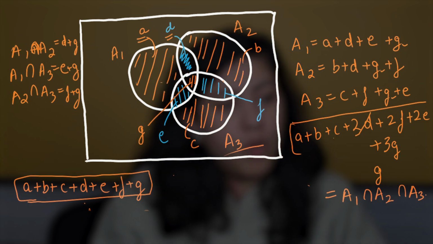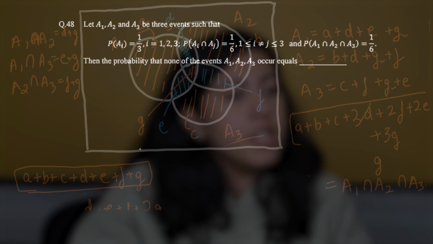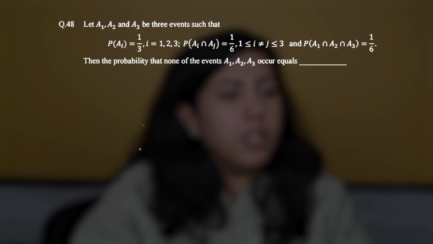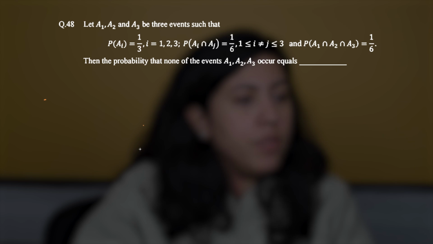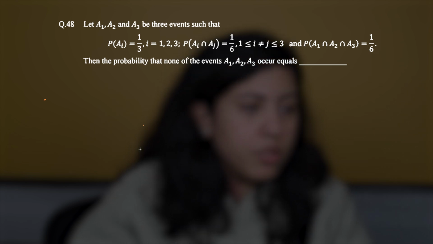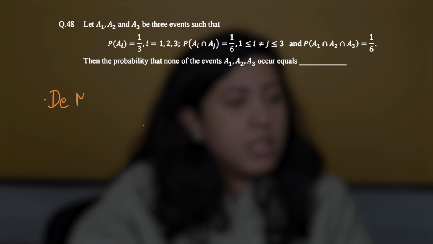Let's move on to solve this question. Now, since we have already proved the principle of inclusion and exclusion, let's use it to solve this question. We have to find the probability that none of the events A1, A2 and A3 occurs. So that will be using De Morgan's law.